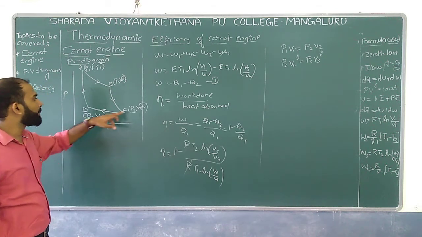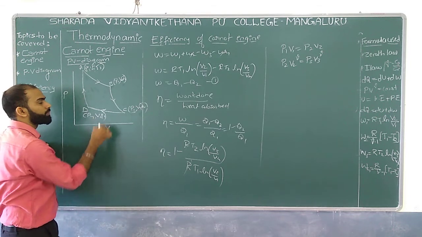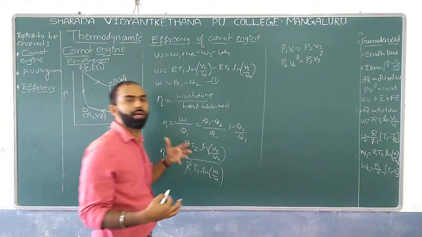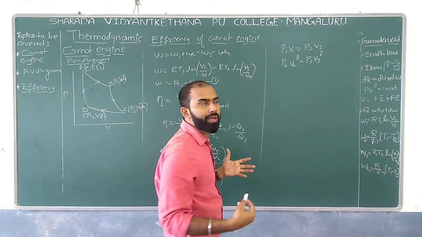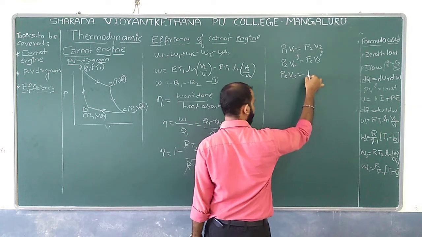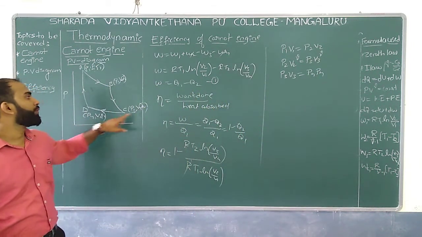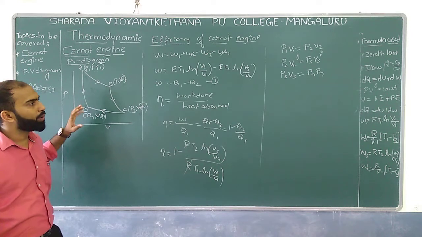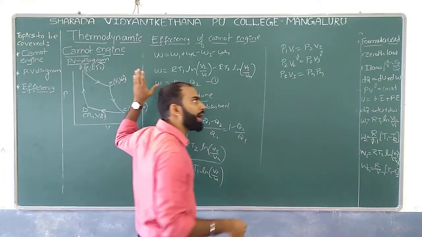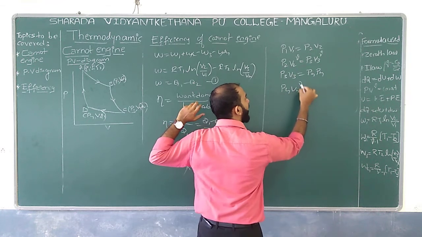Then it moves from P3 V3 T2 to P4 V4 T2. Because it is an isothermal process, the ideal gas equation gives P3 V3 equal to P4 V4.